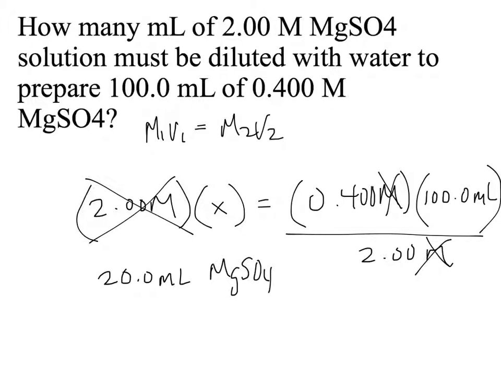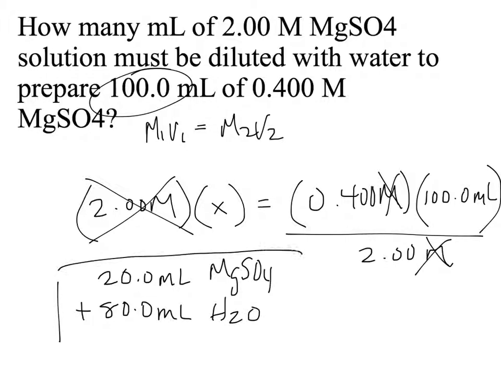And notice, because I'm trying to get to 100 mils, that means I have to add to it 80 mils of water. That's what's going to dilute it down. So you have two parts. You have to tell me how much of the solution I need to pour out and how much water I need to dilute it with.